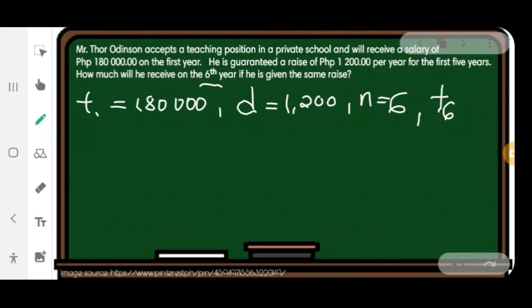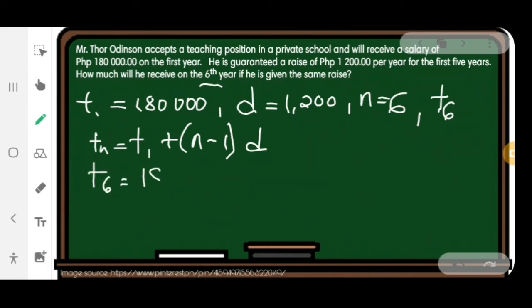Now, since this is an arithmetic sequence, we are going to use the formula t sub n is equal to t sub 1 plus n minus 1 times d. Let us substitute the given values. So we have t sub 6 is equal to 180,000 plus 6 minus 1 times 1,200.